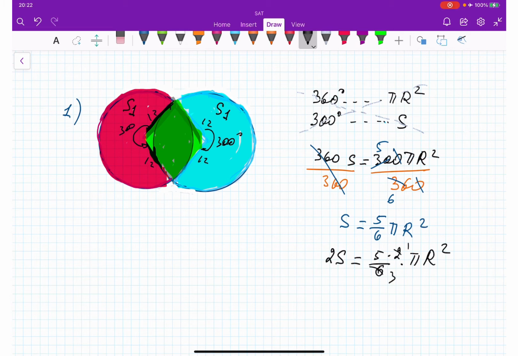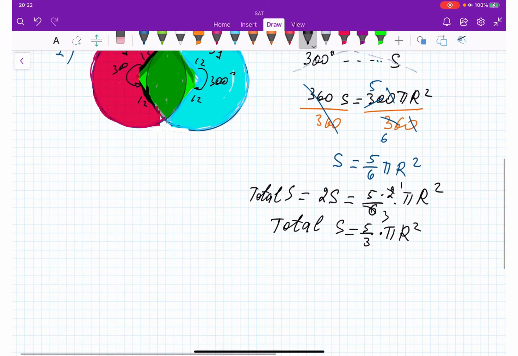And we are getting total S is equal to 5 over 3 times pi r squared.